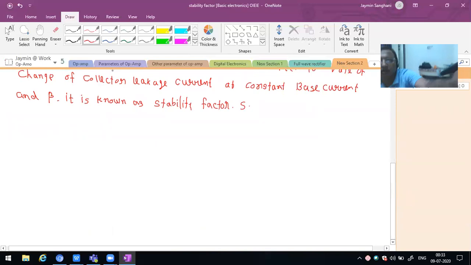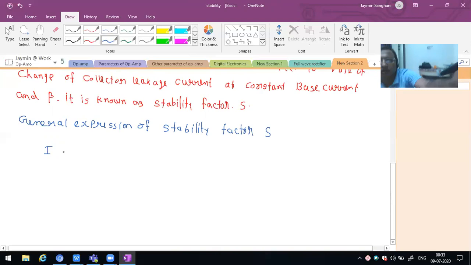Now, I would like to derive the general expression for stability factor S. So write the first equation, IC equal to beta times IB plus (1 plus beta) ICO.